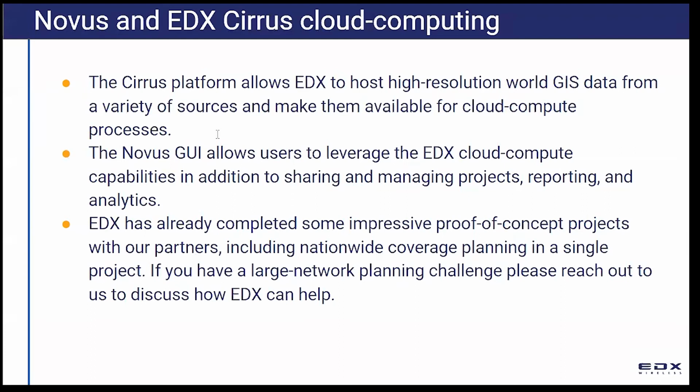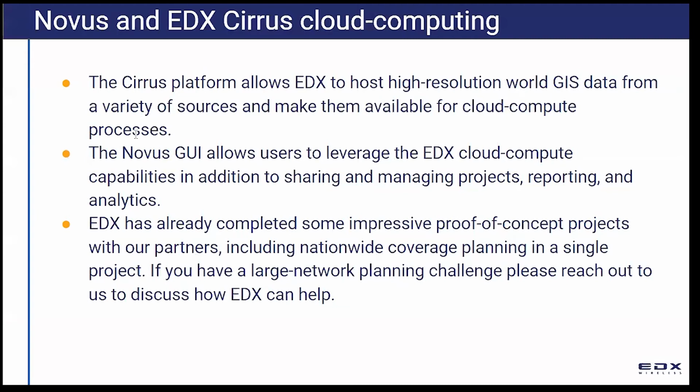And what do we mean by cloud compute processes? For example, if you have tens of thousands of sites and you need to do an area coverage map that includes all of them across, nationwide or something like that, that's a project you would not be able to complete in a reasonable amount of time on SignalPro running on a desktop machine.